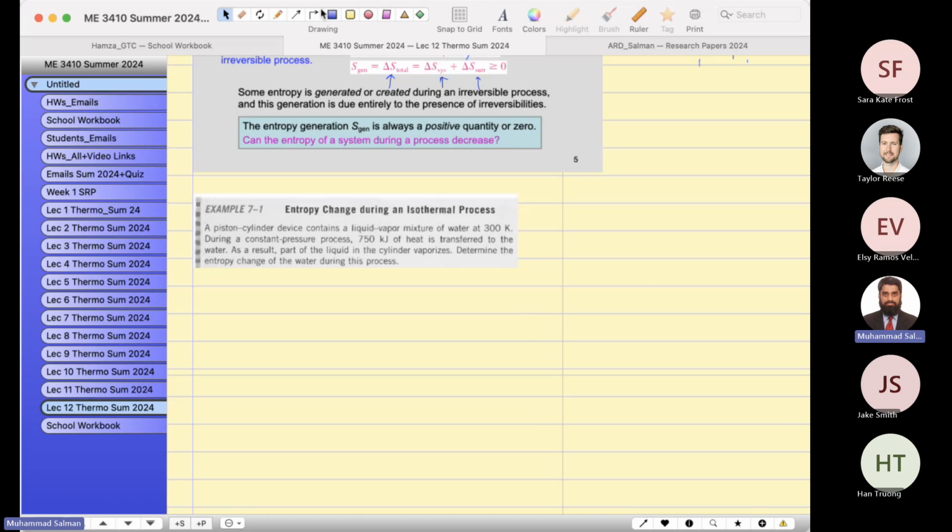A piston cylinder device contains liquid at 300.